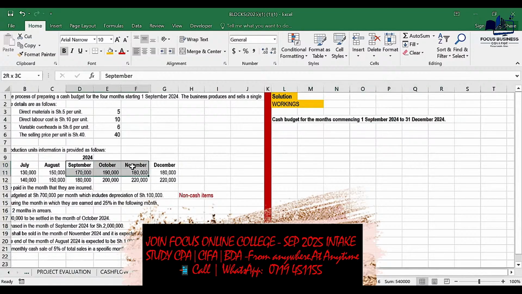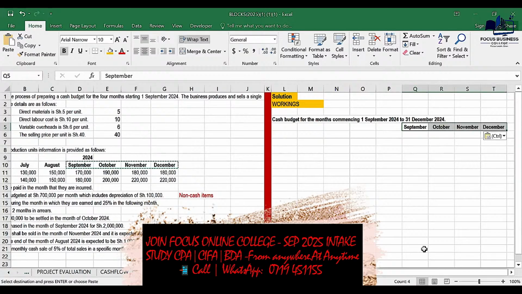So I'll copy all these months, and then I'll paste them here. So those are our 4 months, September all the way to December.